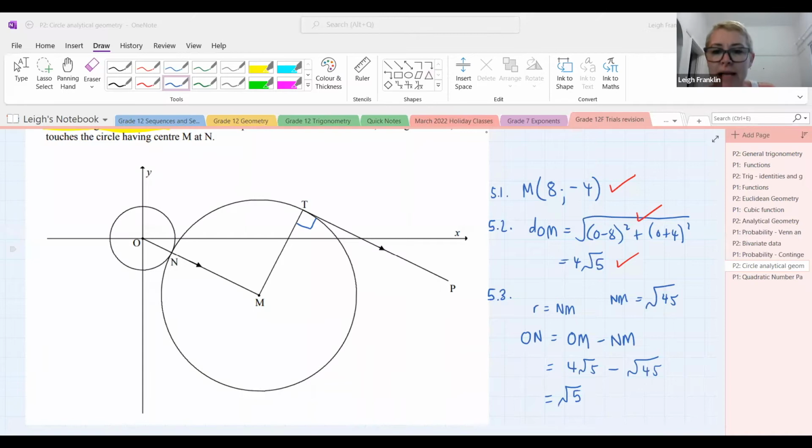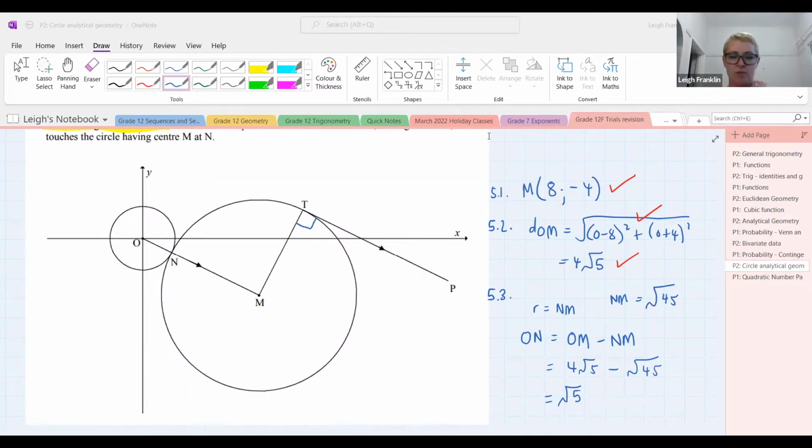Good job. Now, I just want to check in with you. Is everybody okay with that? Does 5.3 make sense to you? You can give us a thumbs up or a smiley face or a thumbs down. Good, Nolwazi. Good, Alondwe. Is 5.3 making sense to you?